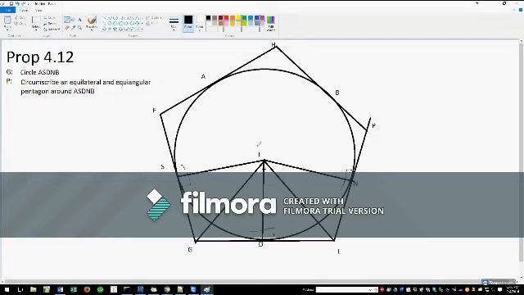Then because the angles at D are right, the square on TG is equal to the squares on GD and DT, invoking Prop 47.